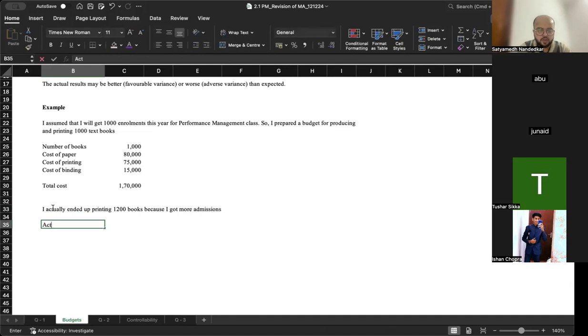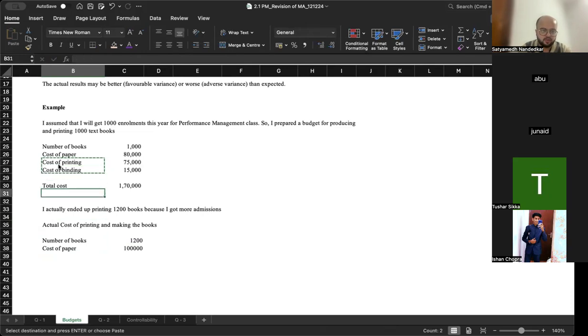Now, what was the actual cost of printing and making the books? Okay. So, number of books 1200. Cost of paper 1 lakh. Then cost of printing and cost of binding.